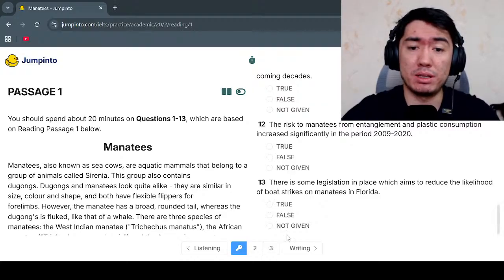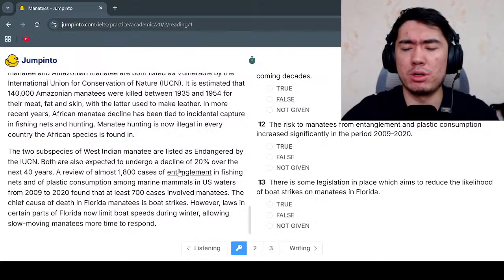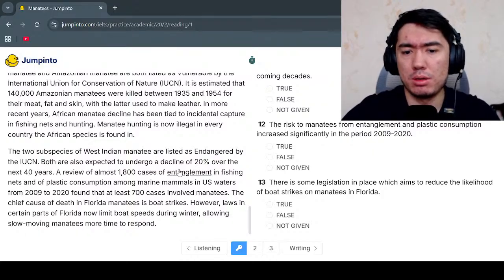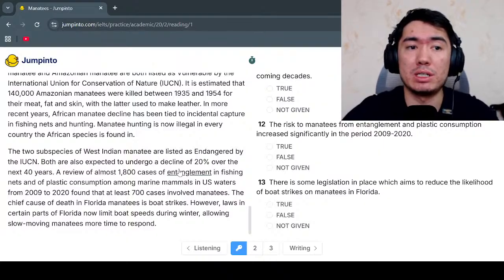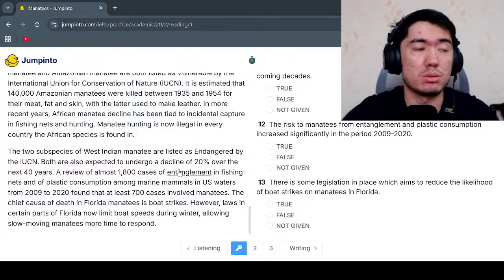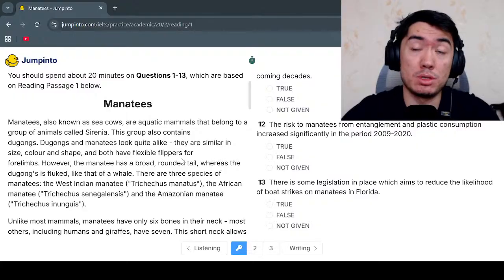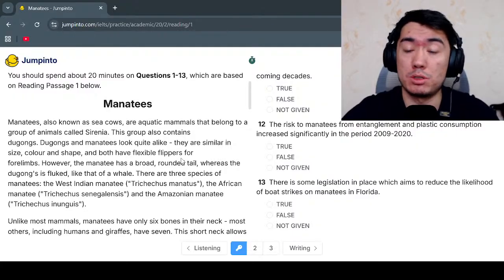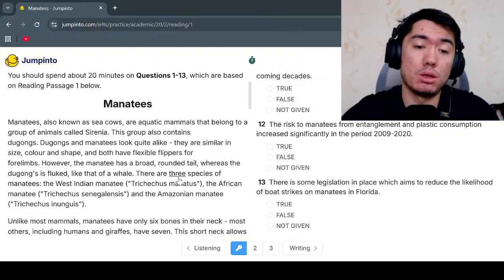a vocabulary analysis, because when most people ask where they should learn vocabulary, my usual answer is you should do it from your reading passages. Your reading tests and practice tests are your best source of vocabulary. And that was the case with me. I learned most of the words from the reading passages and the books that I've read.